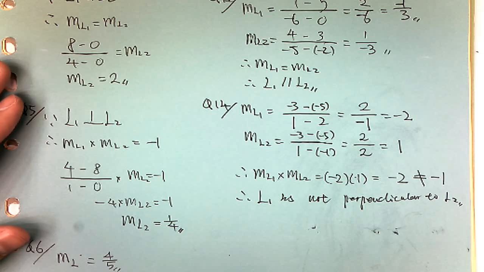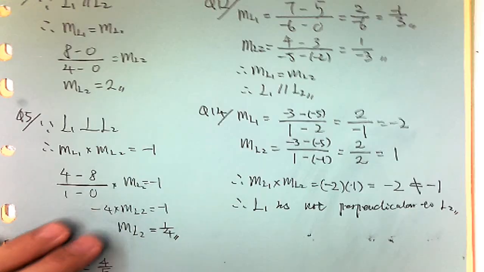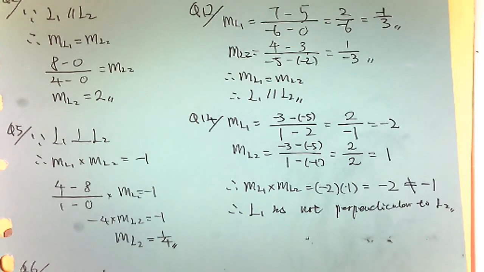For question 16 to 17, I'll do 1. Read the question first, okay? In each of the following, determine whether L1 and L2 are parallel. Okay, I think it's the same way to do. I'll do 17, okay? So L1 passes through these 2 points, so we can calculate the slope of L1 first, okay?